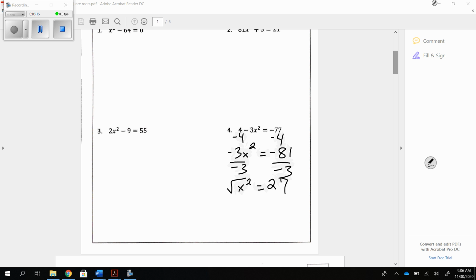Take the square root of both sides. x equals, that'd be 9, and that'd be 3, that'd be 3 again. So it's 3 square root 3. So x equals 3 square root 3.